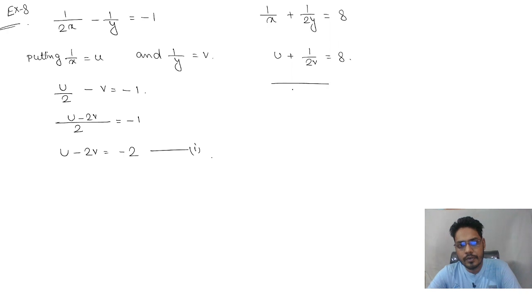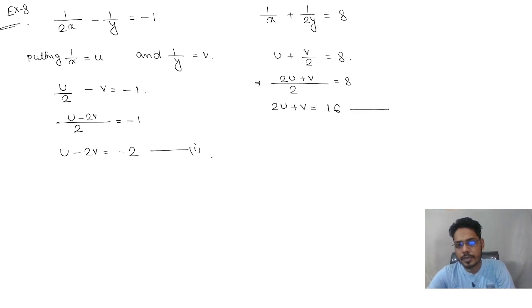Now in the second equation, 1 by x is u. So u plus 1 by 2 into 1 by y, and 1 by y is v, so v by 2. So 2 is the LCM. So 2u plus v by 2 is equals to 8. So 2u plus v is equals to 16.